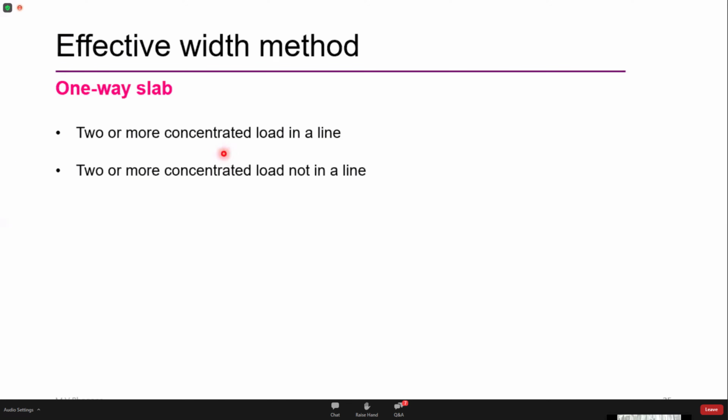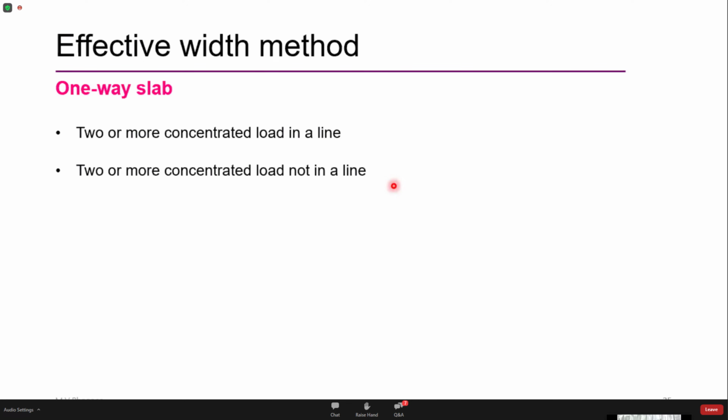The first possibility is that on the deck slab, there could be two or more concentrated loads acting in a single line. The other possibility is that there may be two or more concentrated loads, but they may not be acting in a single line.